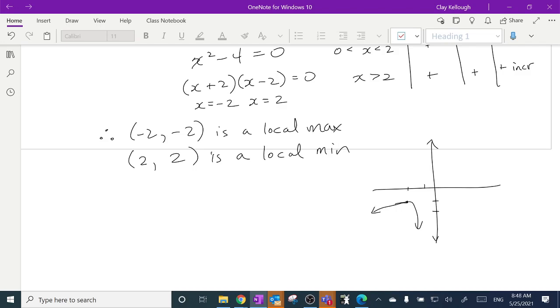And it has a local minimum at 2, 2, and it's curving up on that side. I think it's going to look something like that. I know that you approach asymptotes, so it has to get closer that way. Let's look at Desmos and see if it agrees with me.